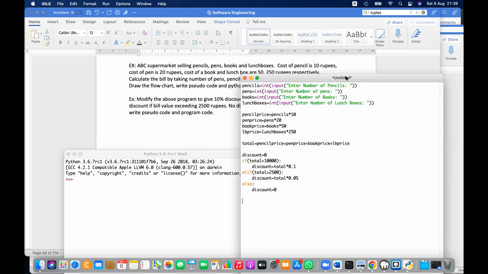Then you need to display this. So print. See how easy that is. Total bill is, then you can display the total, and you can print the discount as well.